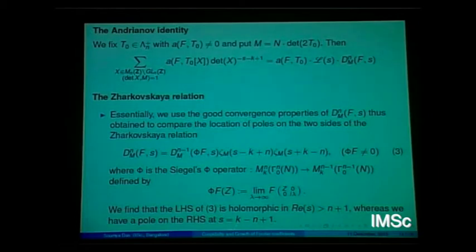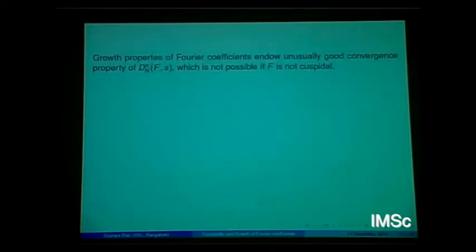But essentially this is what you get, and that will give you a contradiction unless k is large. So what we have done is the following: the growth properties of the Fourier coefficients endow some L function with an unusually good convergence property, which is not possible unless f is cuspidal. So that's the idea.